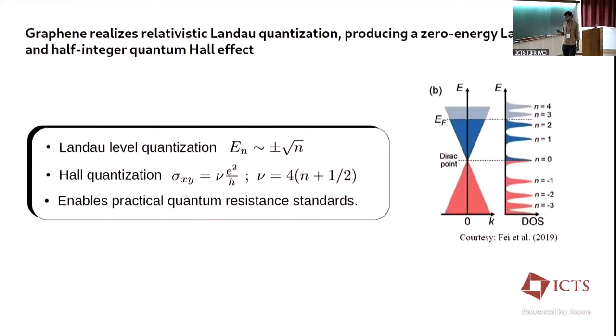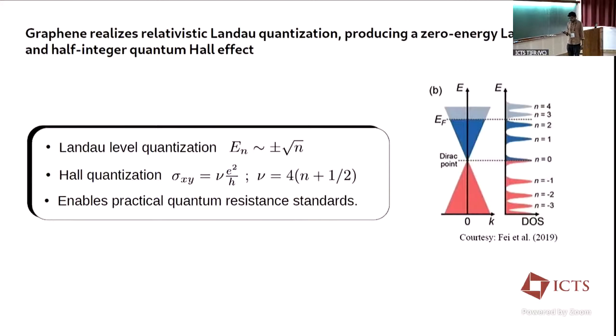Because you now have a linear dispersion, you have a different scaling in the Landau levels. These are no more equispaced. You have zero energy Landau levels, and also other particle-hole symmetric Landau levels. That has now also been extensively utilized in improving the resistance standard, because graphene is extensively under investigation in various experiments.